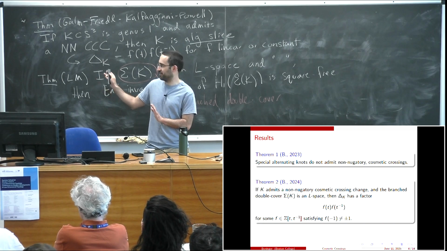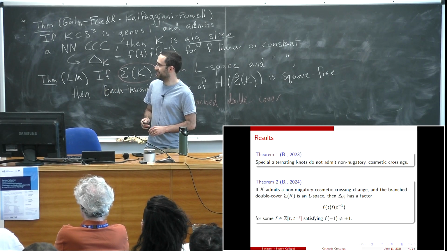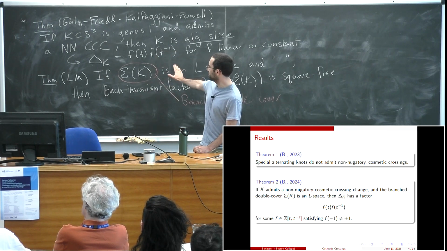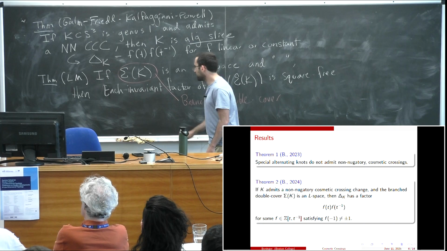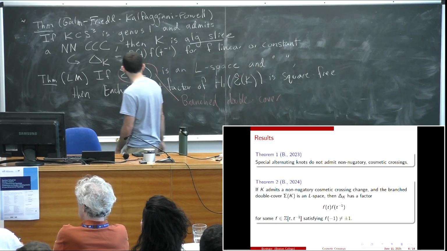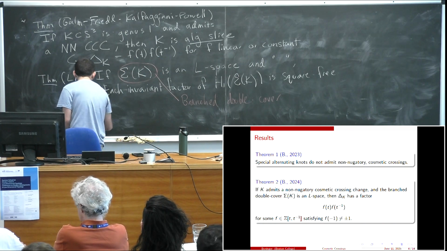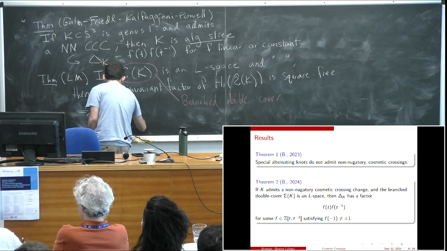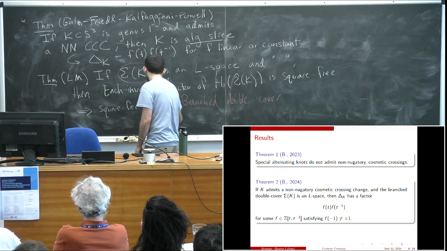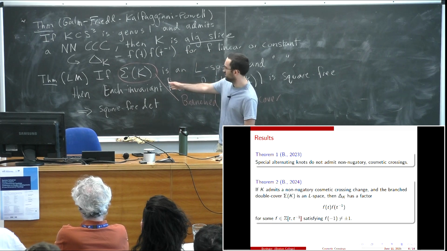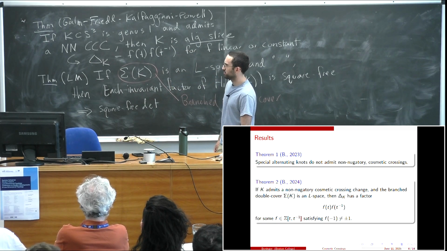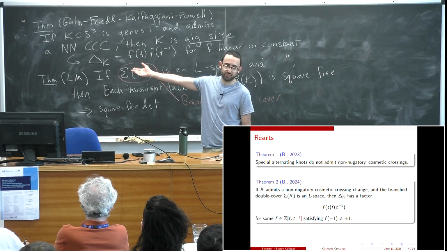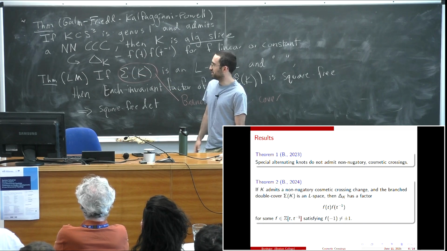If it was otherwise, it wouldn't be a super interesting result. But I want to put that in the context of these two results, because it's closely related. As I mentioned, this implies that we have a square-free determinant, since the determinant is the order of this homology group, and that result also implies that it has a square-free determinant.